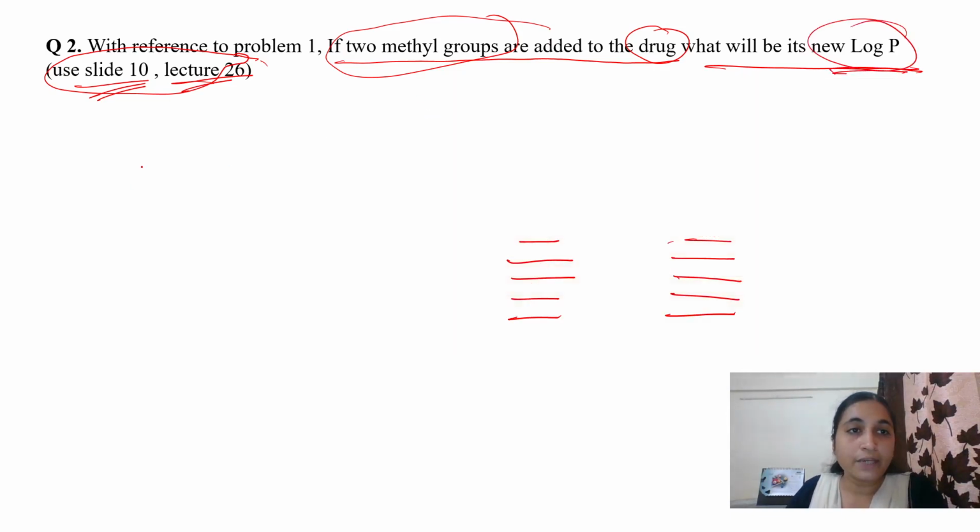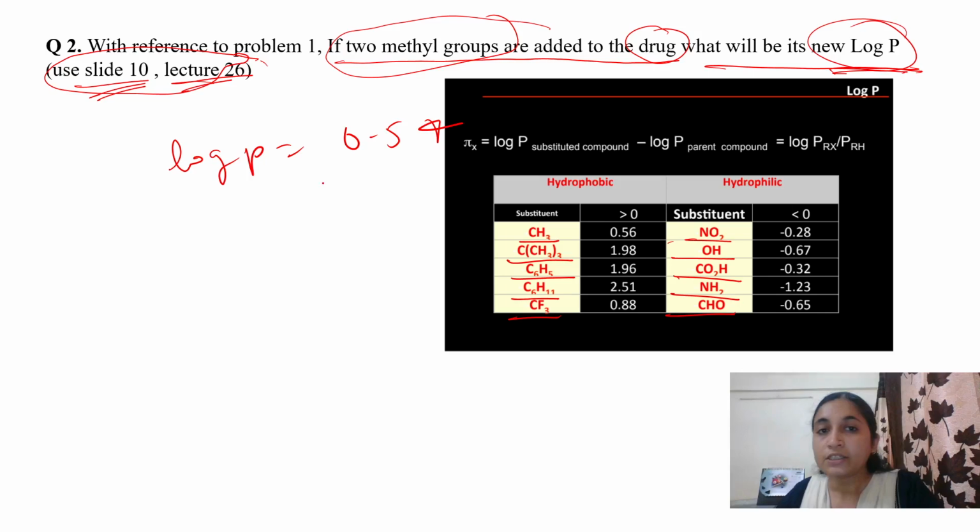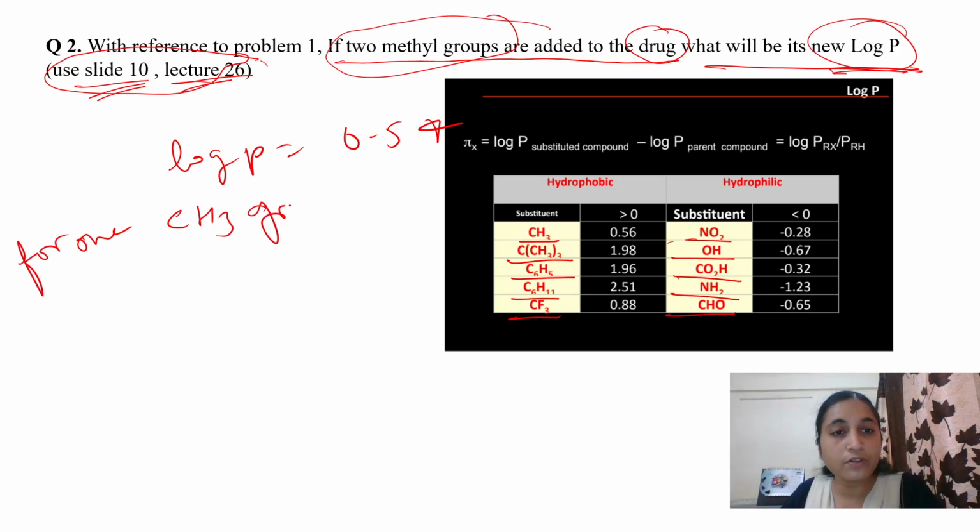So how much was the previous log P value? Previously, the log P value came to 0.54, right? And for one methyl group, the log P value is 0.56.